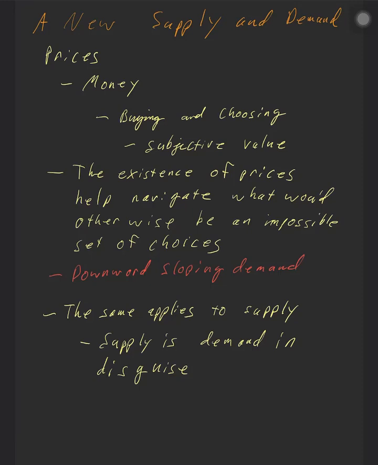Okay, so before, remember, we left out the idea of money, and we just talked about how marginal value and subjective value explained things. But in fact, Menger actually argues money will be a spontaneous development because we'll figure out where these things overlap, and rather than having to try to find each bilateral trade that we would want to make, we'll find common goods, and those will serve the function of money.